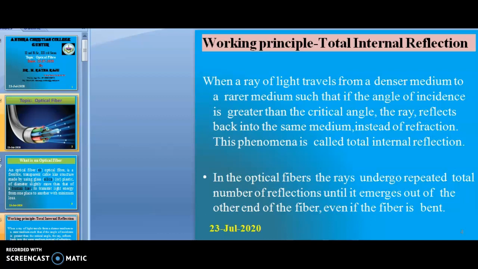The working principle of any optical fiber is total internal reflection. What is total internal reflection?